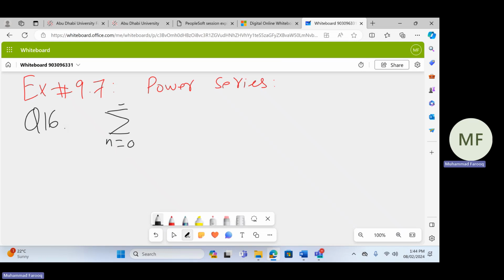Sigma n is 0 to infinity, -1 power n, times x power n plus 1, over square root of n plus 3. Like that? Yes.